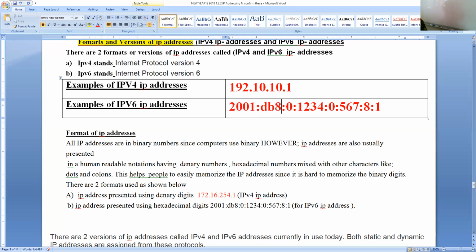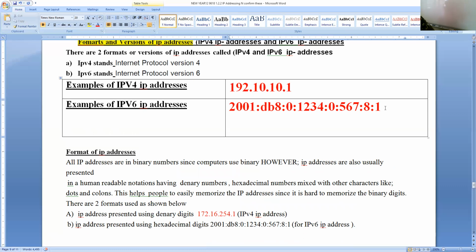Like here, this part has got letters now, DB8. So for IPv6, you can say it can use both numbers and letters, which is called hexadecimal values. So this one uses denary values, but this uses hexadecimal values. Hexadecimal values means letters or numbers mixed with letters.